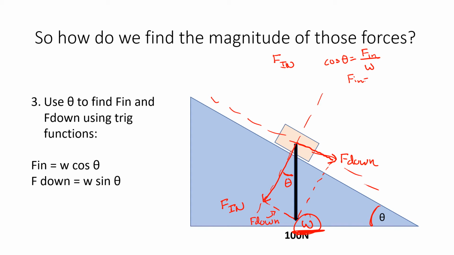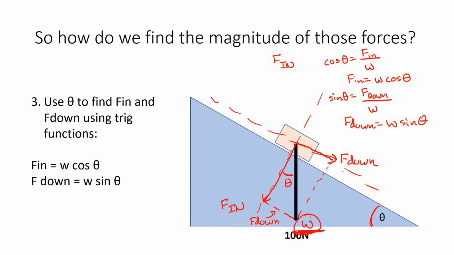So F in equals weight times the cosine of theta. The other one is F down. F down is the opposite side. An opposite side comes from sine of theta, and sine of theta is the opposite side, which is the force going down the ramp, divided by the weight of the object, our hypotenuse. So F down is equal to weight times the sine of theta.